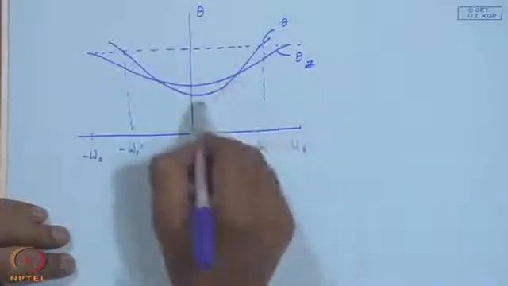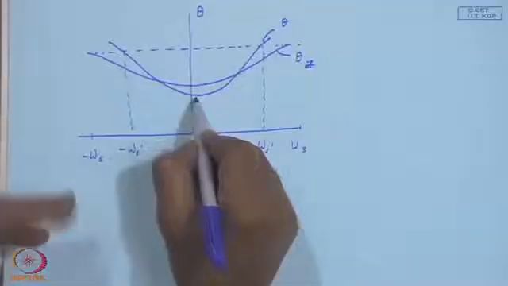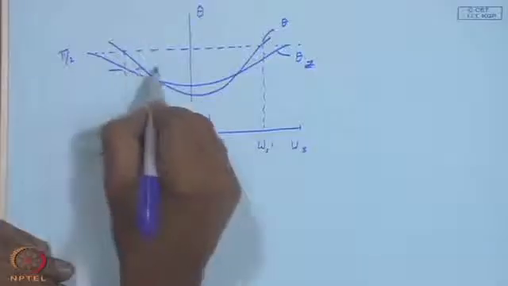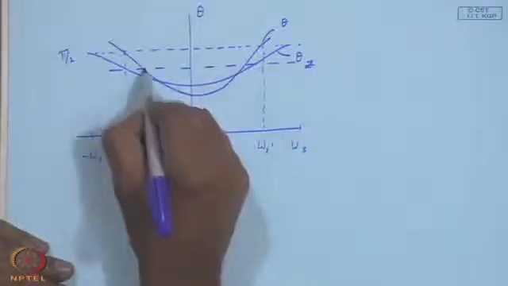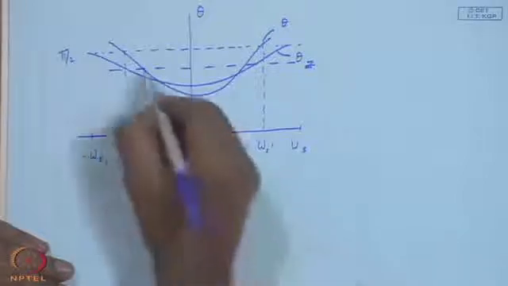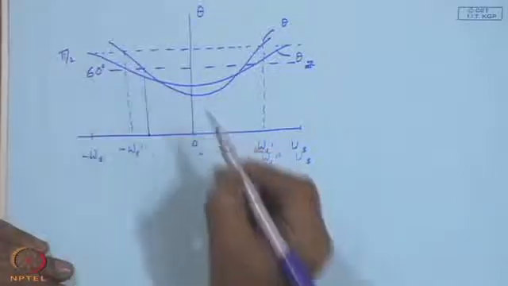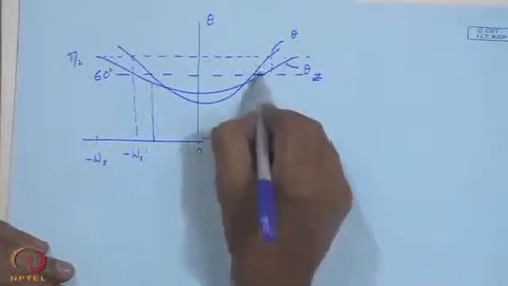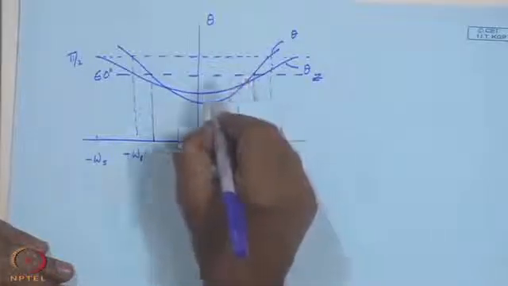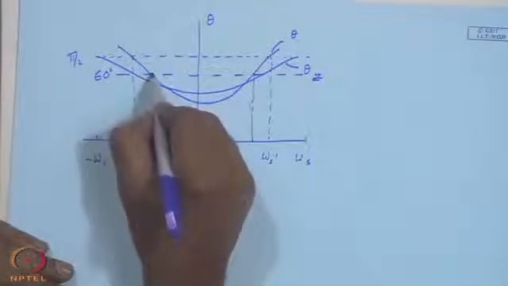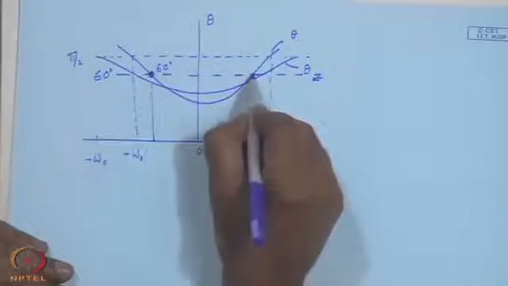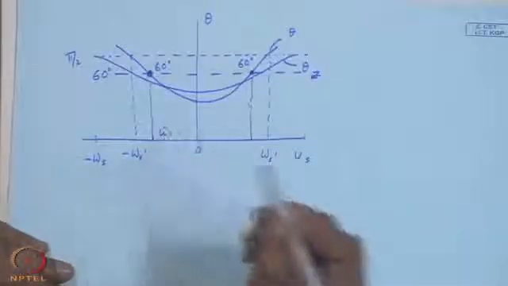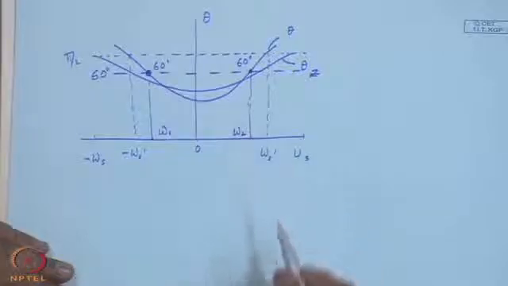So, now this may be 30 degrees, 40 degrees, this we know is pi by 2. So, somewhere here this will be 60 degrees. So, this point is 60, which will be occurring in general at omega 1 and omega 2.